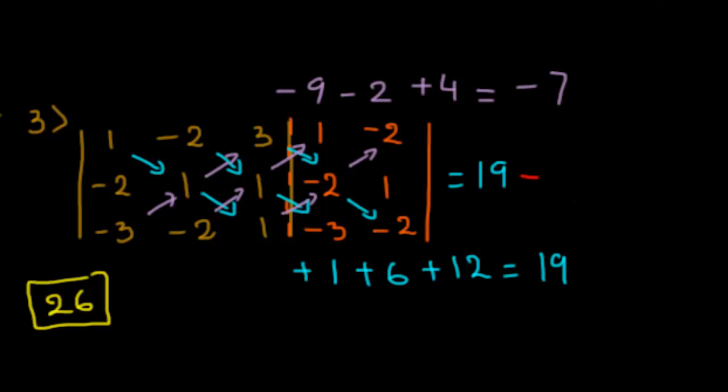Be careful, if you get the wrong answer on this problem, you probably forgot to plug in negative 7. This negative comes from the formula, and this negative 7 brings down, so it will give me a positive 7 instead. So then 19 plus 7 gives me 26.